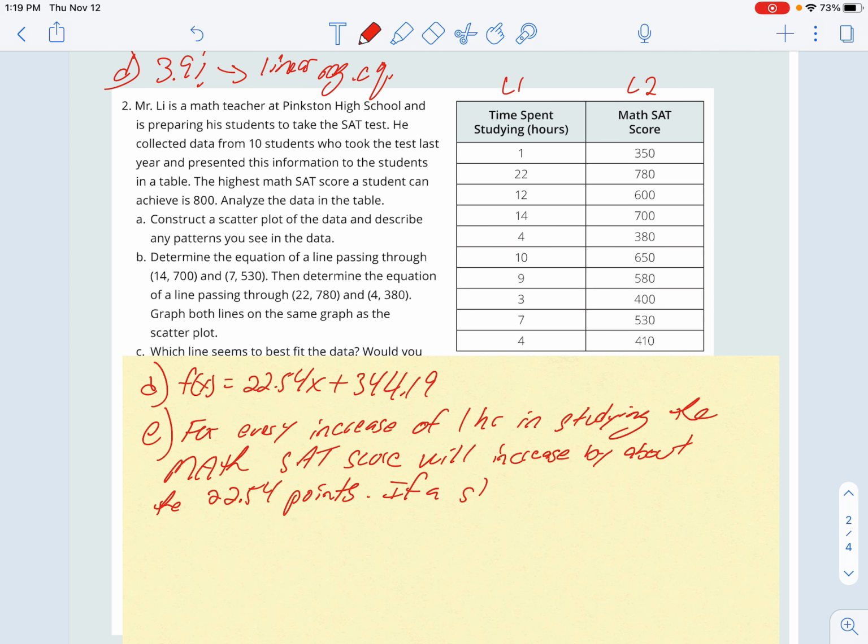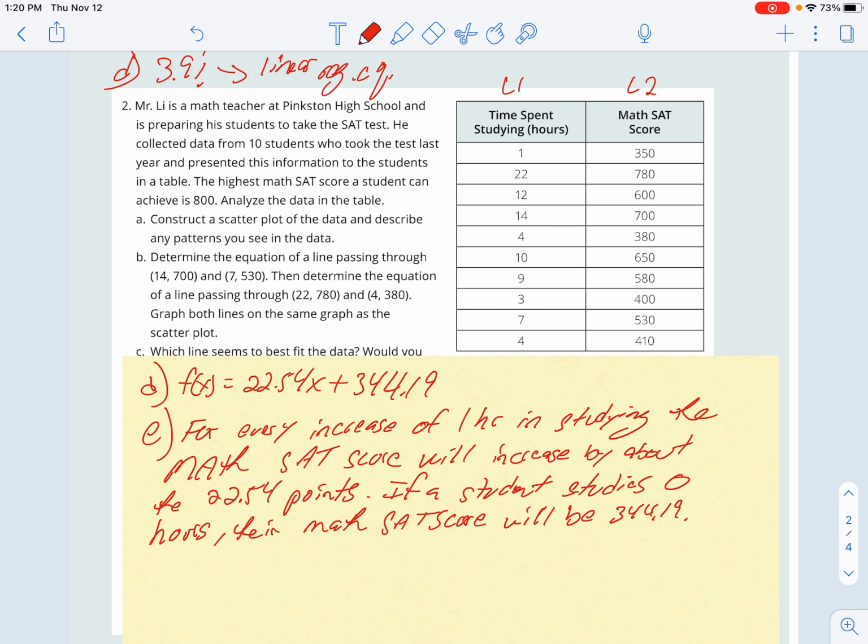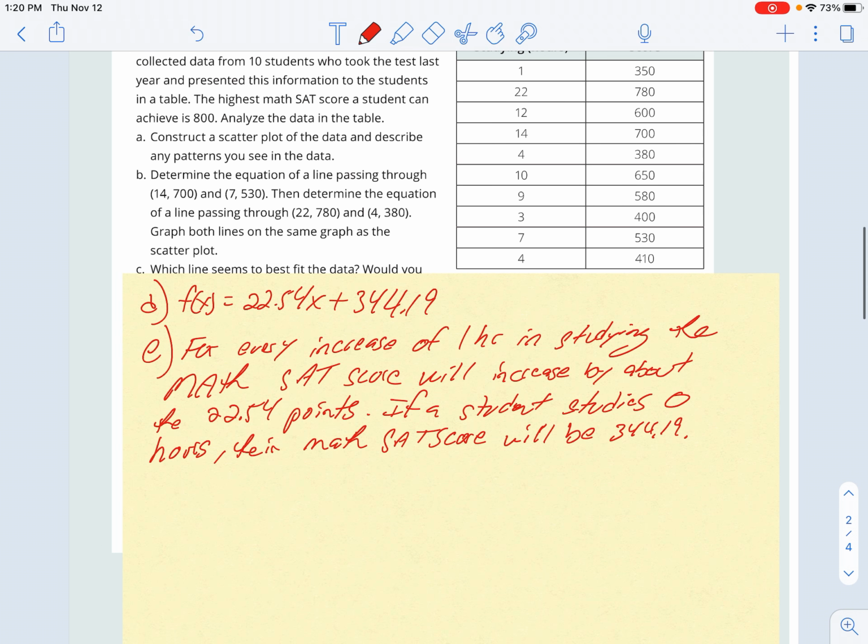If a student studies 0 hours, which is going to be the y-intercept, their math SAT score will be 344.19, the y-intercept.